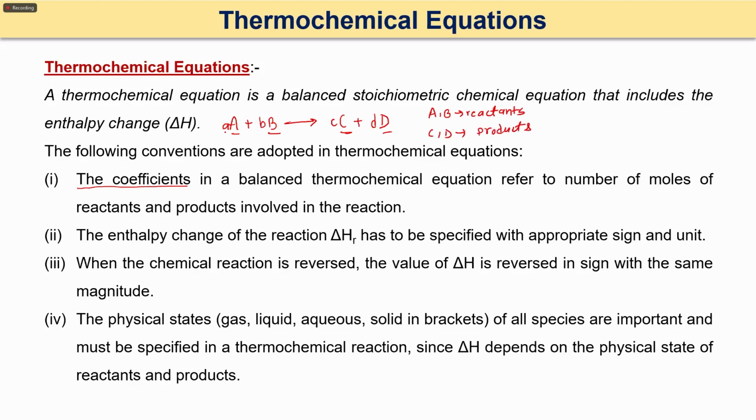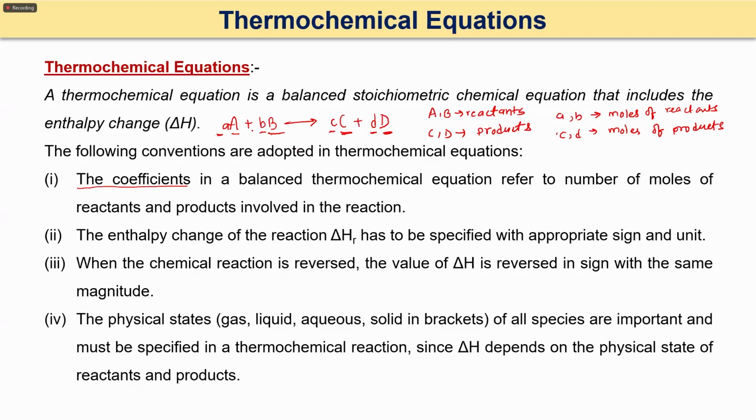So what do these values, small a, b, c and d signify? These are nothing but the moles. Here a and b are the moles of reactants, and c and d are the number of moles of products. How many moles of C and how many moles of D are getting formed from a moles of A and b moles of B?